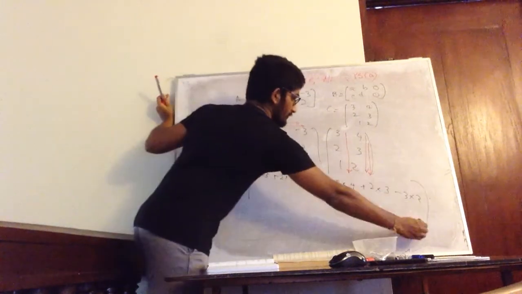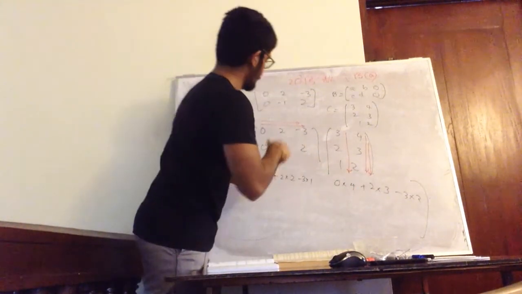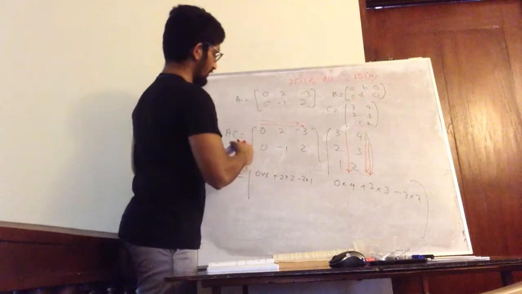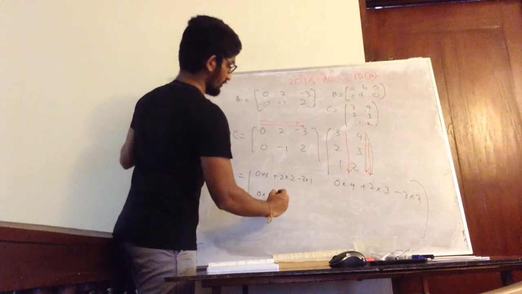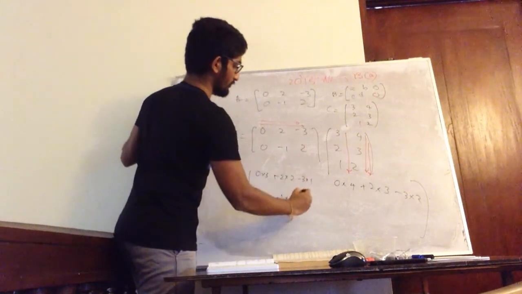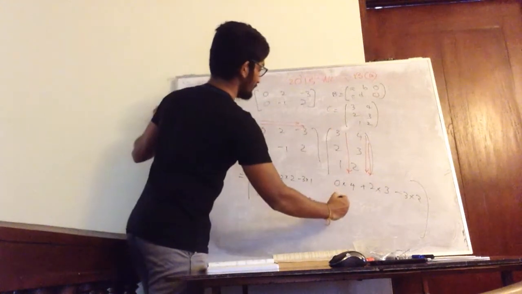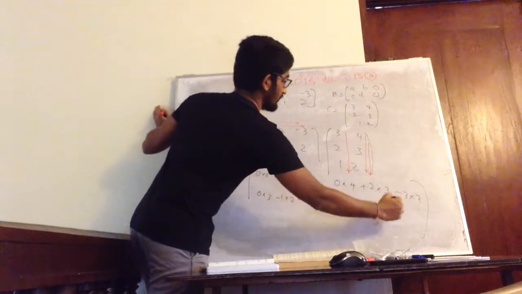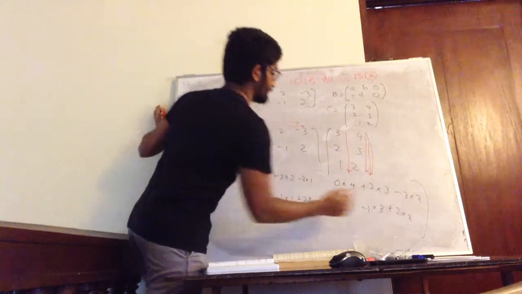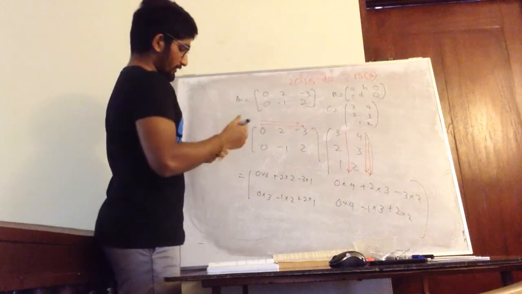Then 0 times 3 minus 1 times 2 plus 2 times 1. Then 0 times 4 minus 1 times 3 plus 2 times 2. Correct?